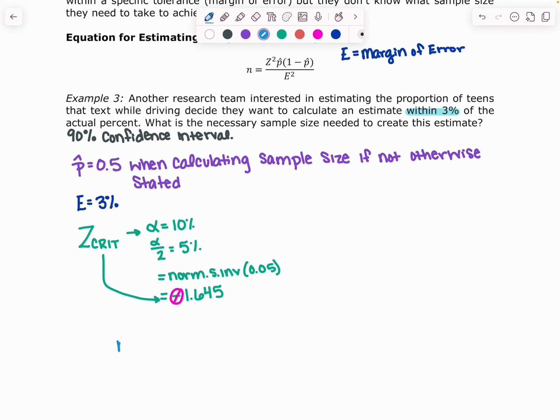So the sample size is going to be 1.645 squared times our best guess for p hat, which is 0.5, times 1 minus 0.5, divided by 3% as a decimal, 0.03 squared.